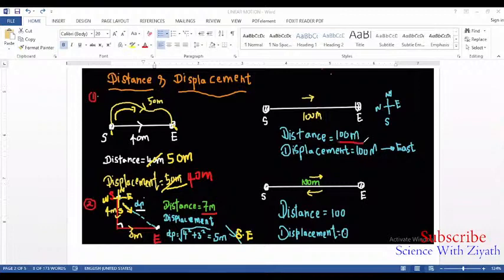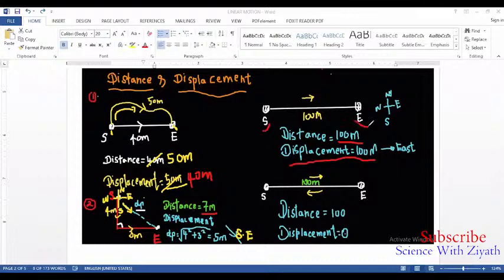At the same time, what is the displacement? 100 meters. Why?